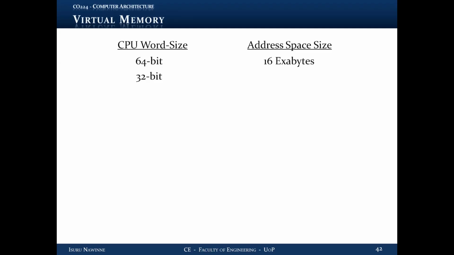That is the address space size: the range of addresses that can be generated, in other words, the maximum size of the memory that can be addressed in bytes. So 2 to the power 32 is what? 4 GB, exactly. 2 to the power 32 is 4 gigabytes of memory that can be addressed by 32-bit CPUs.